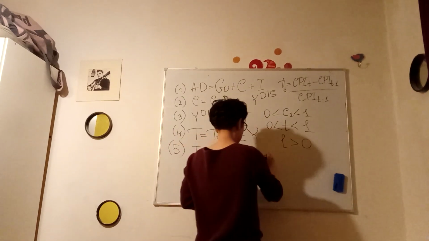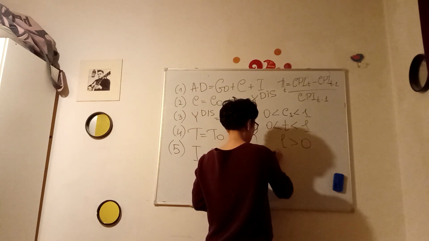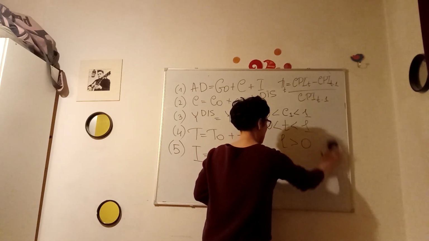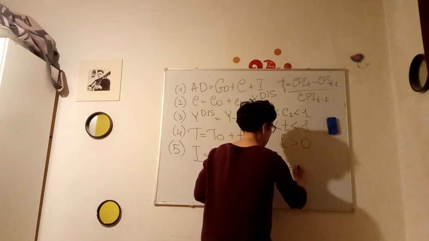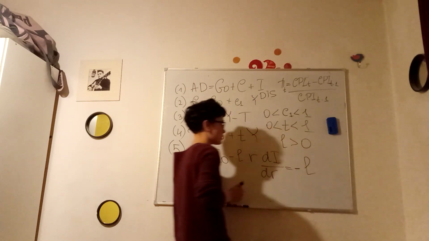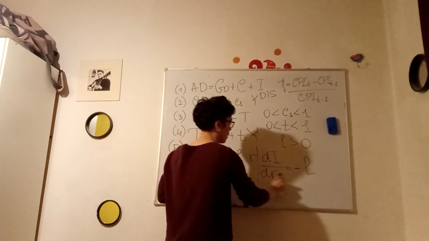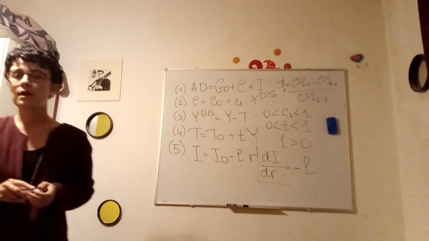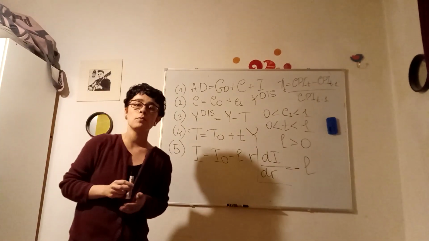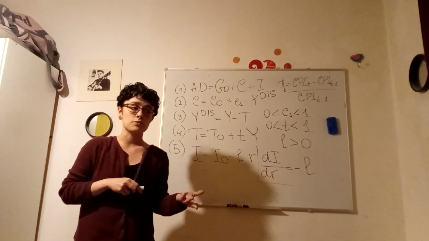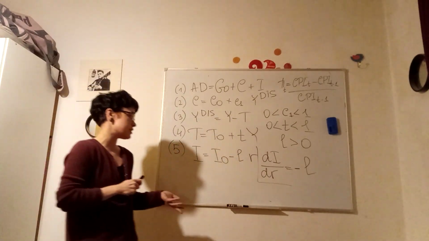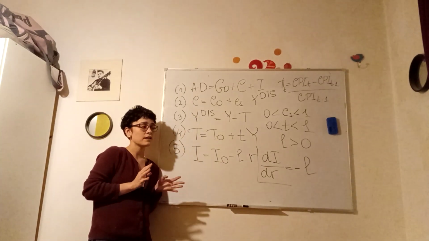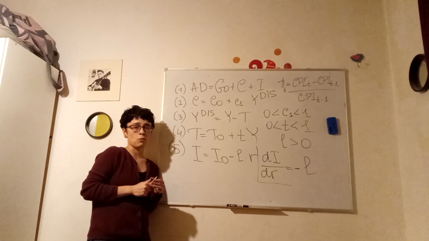So basically, if you want to analyze how investment depends on the interest rate and you take the derivative, the derivative of investment with respect to R is equal to minus L. This simply means that there is a negative relationship between the real interest rate and the amount of investment, and it can be explained by the fact that firms are borrowers.